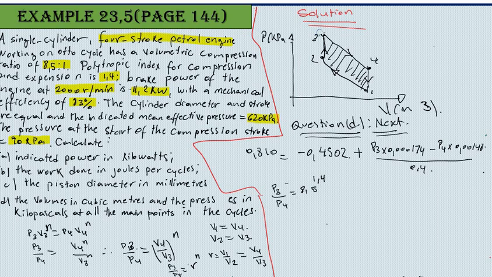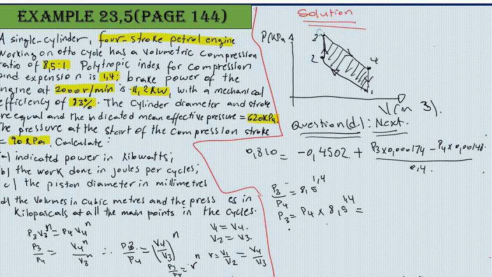So now I can determine P3 here. To get P3, I'll just bring P4 to the other side. So I have P3 is equal to P4 multiplied by 8.5 to the power of 1.4.